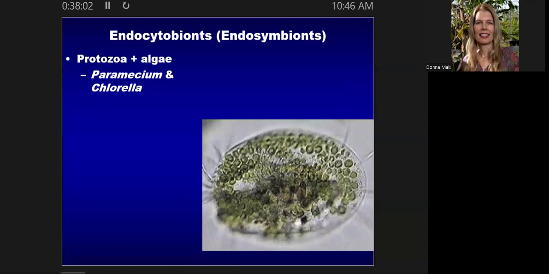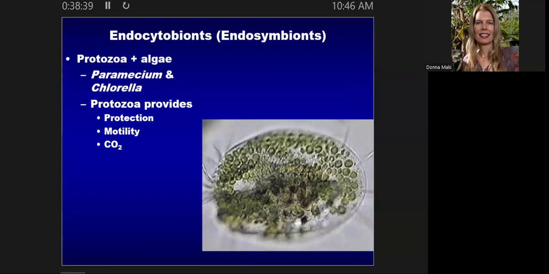What's really cool about this is that from the algal perspective, the Paramecium is definitely giving protection. It's physically inside the Paramecium. The Paramecium has flagella, and so it can move around. That's great for the Chlorella, because then it hopefully will get to areas of sunshine and can access sun for photosynthesis. So it can get out of shaded areas with the help of the Paramecium.